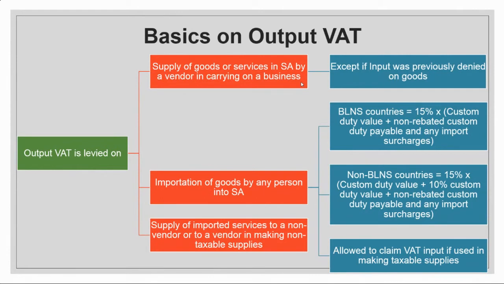And then the last one is the supply of imported services to a non-vendor or to a vendor making non-taxable supplies. So if I'm making non-taxable supplies, I am making exempt supplies. Okay, so that's what that means. So if I import services which are either going to sell on to a non-vendor or to someone that's making non-taxable supplies, I also have to raise output VAT on that amount.